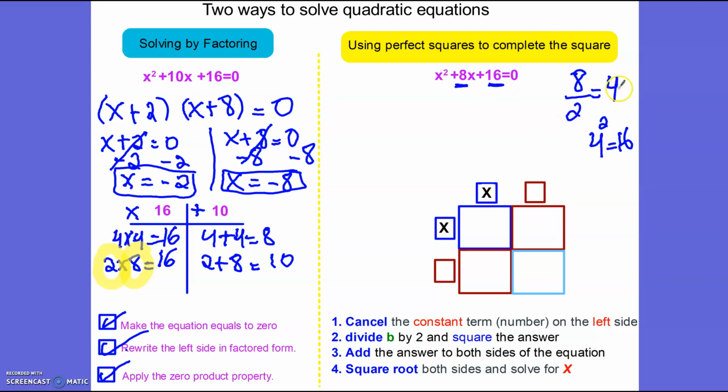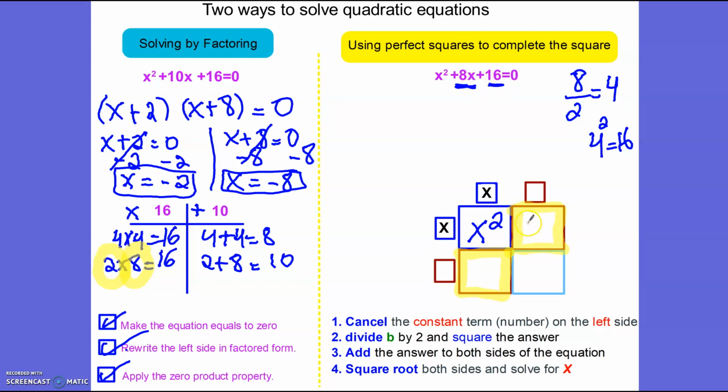Because when we multiply, to get x squared, we multiply x times x. And we know that we have 8x, so we have to divide that evenly. So we can put the x values here.